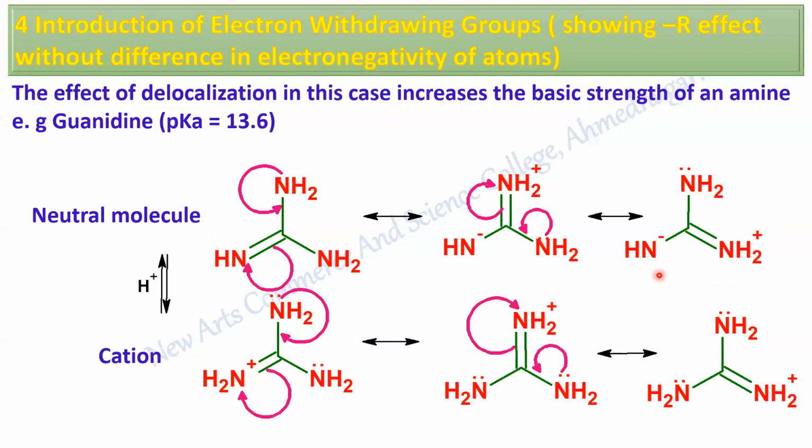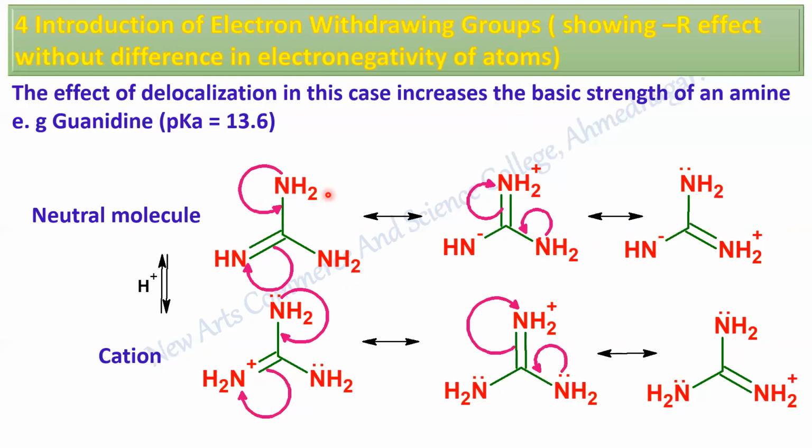So what you see here is that every time, the electron density shifts from one nitrogen atom to another nitrogen atom. Now from this nitrogen atom, the electron density shifts to another nitrogen atom.